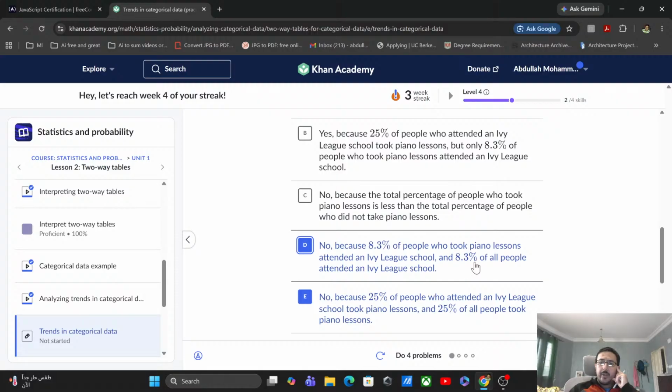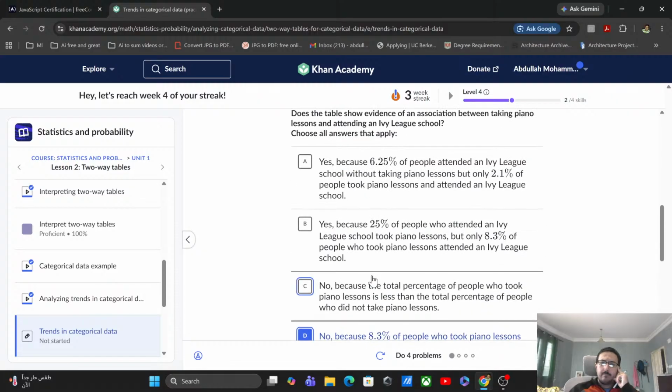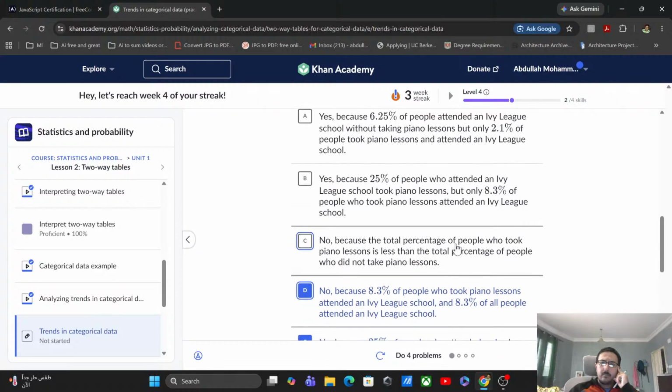And 8.3% of all people attended an Ivy League school. How's that relevant?